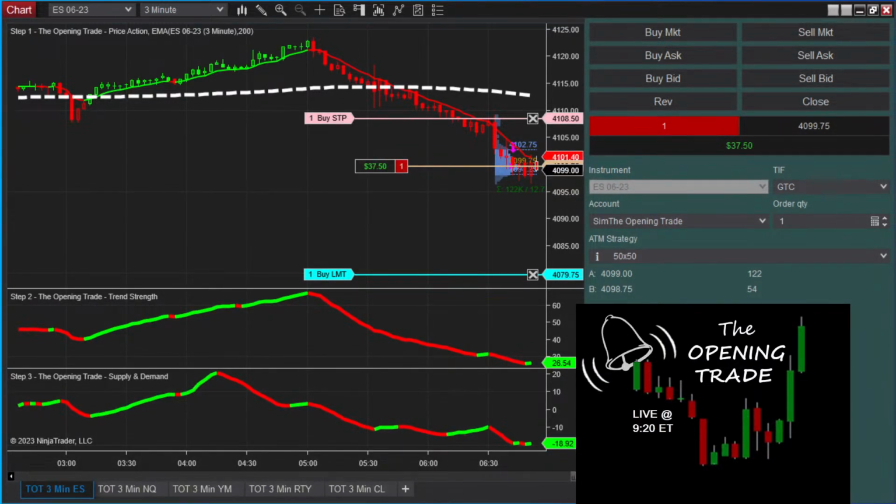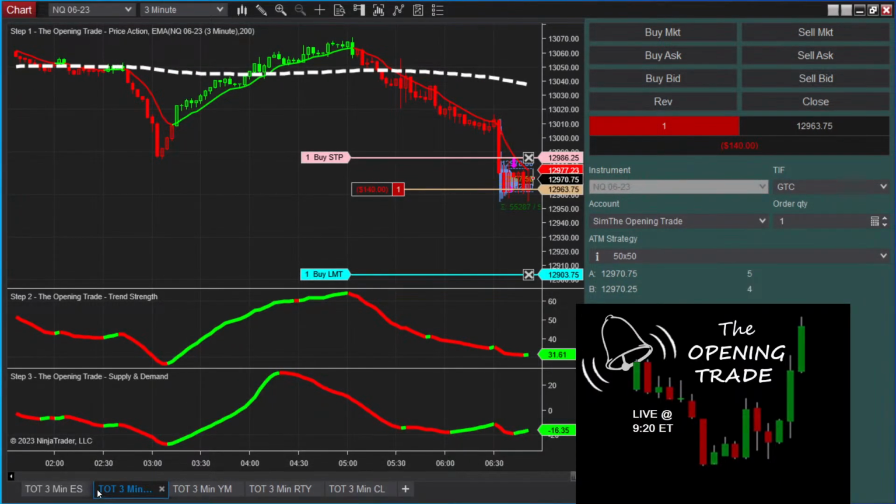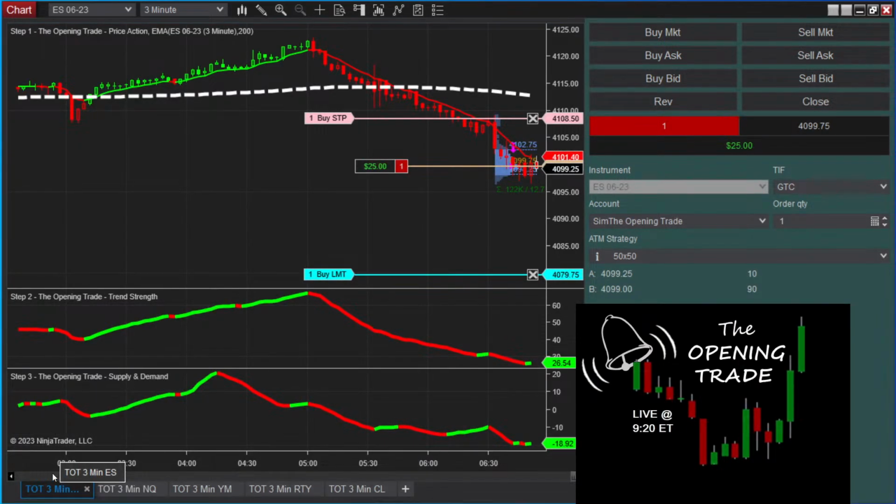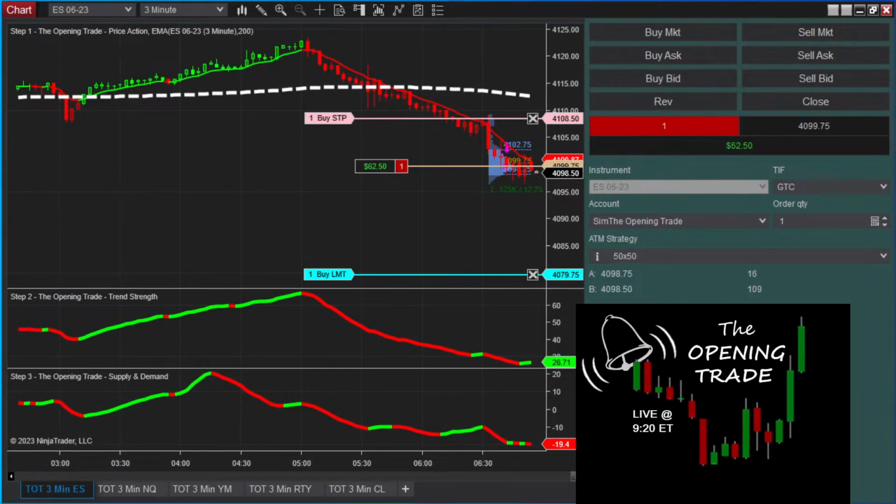Let's see what's happening in our automated trade. NASDAQ, S&P 500. Norwegian Cruise Line is to offer Starlink internet aboard its ship. Well, that's interesting.